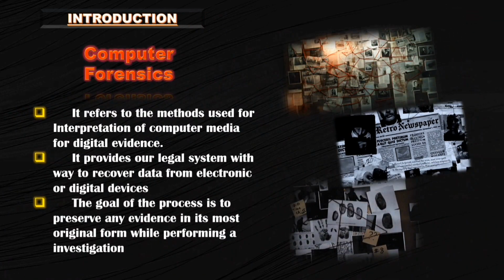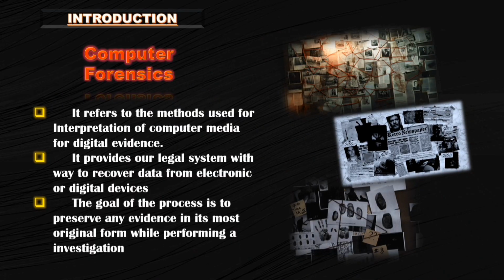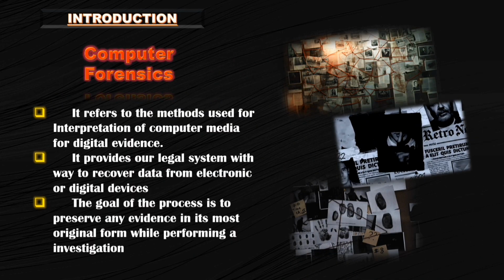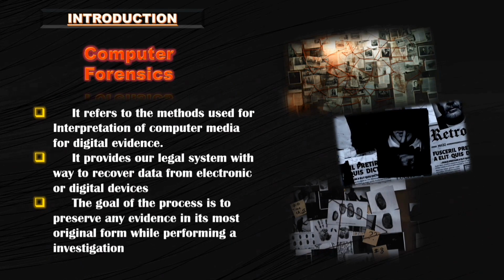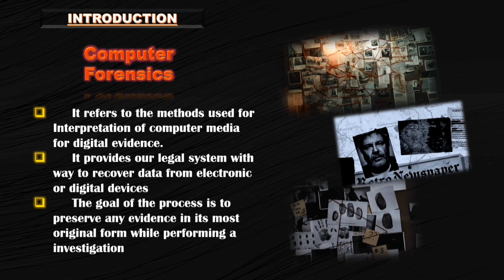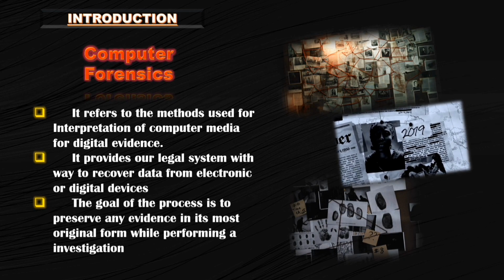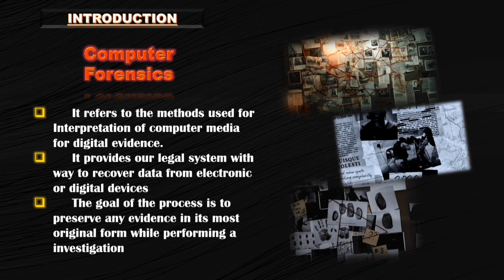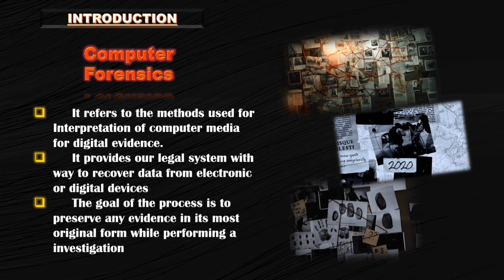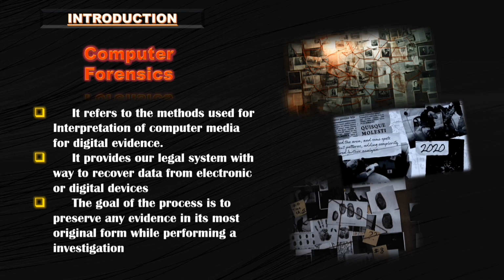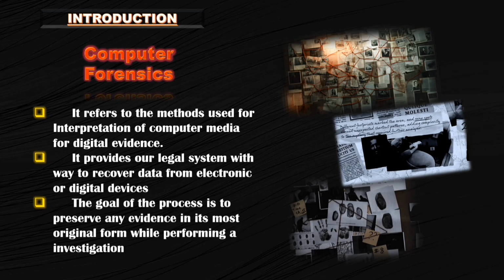Introduction to computer forensics. Computer forensics refers to the methods used for interpretation of computer media for digital evidence. It provides our legal system with a way to recover data from electronic devices. The goal of the process is to preserve any evidence in its most original form while performing an investigation.